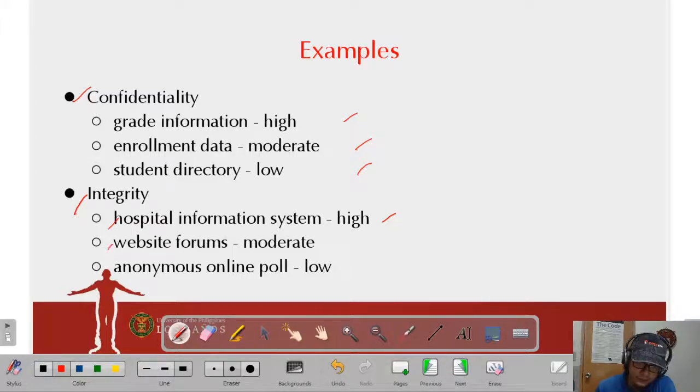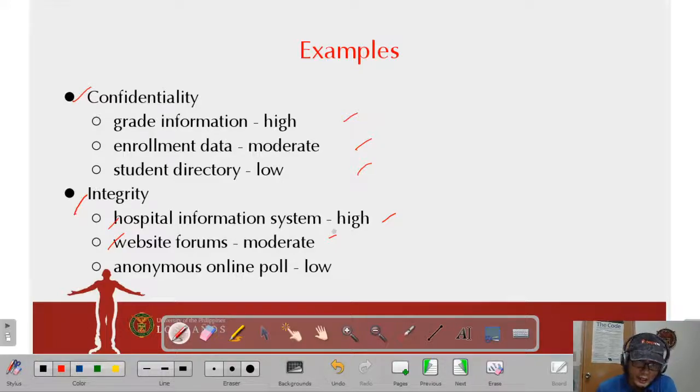Now, about website forums, I'm sure some of you frequently visit these website forums, usually for hobbies or some geek culture. Okay? A violation of the integrity of those types of systems doesn't really affect much the operations, assets, and individuals contained in these forums.